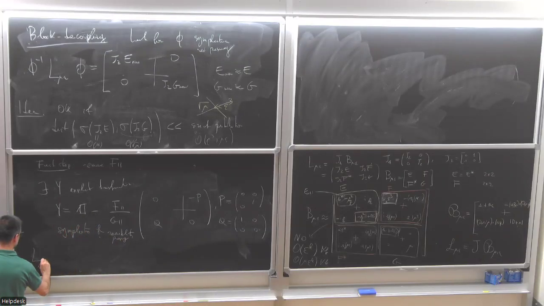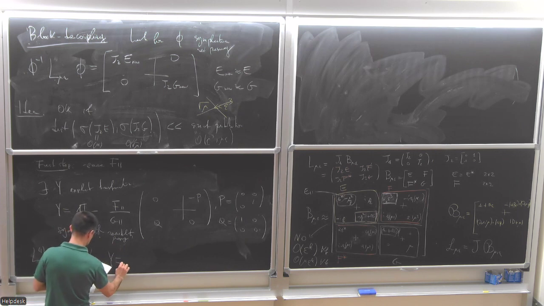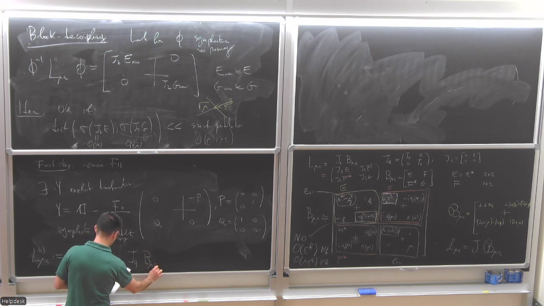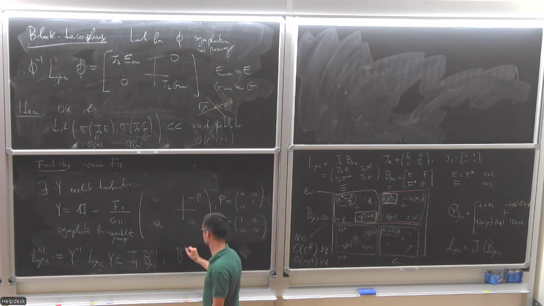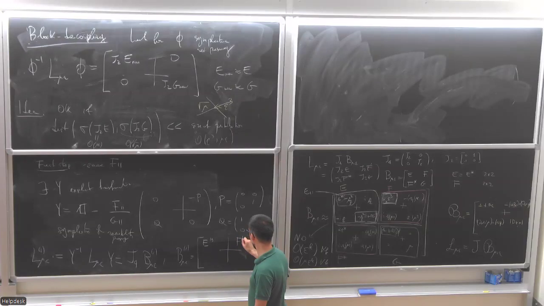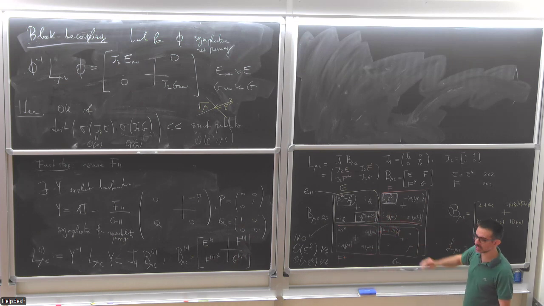And so if you conjugate your matrix L mu epsilon by this, then you get another matrix of the form J4, B1 mu epsilon, in which B1 has the form: there is a new E, a new F1, a new F1 star, a new G1. This matrix expands exactly in this way.